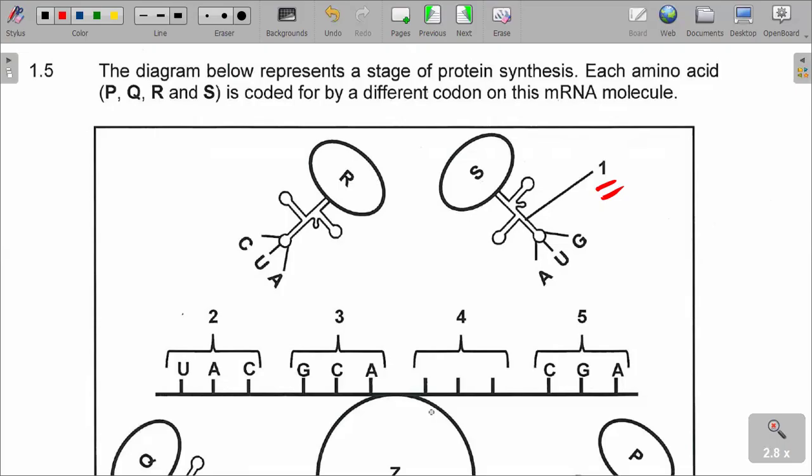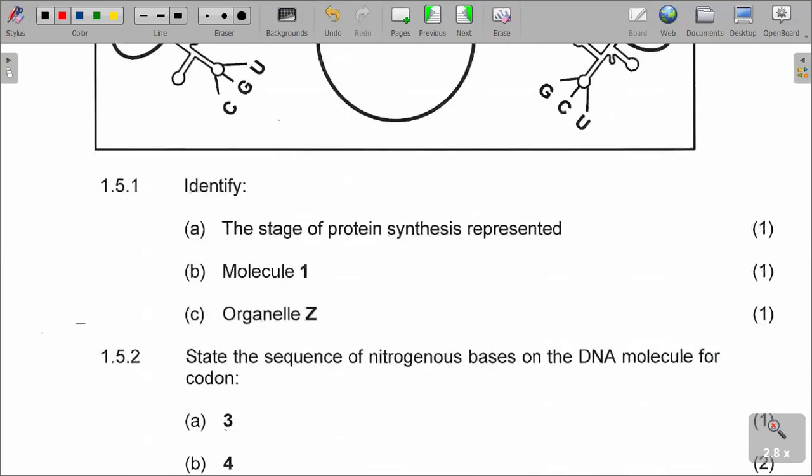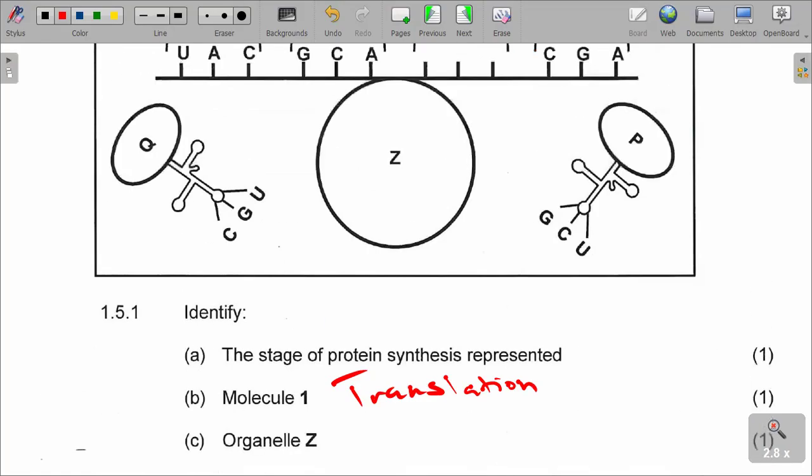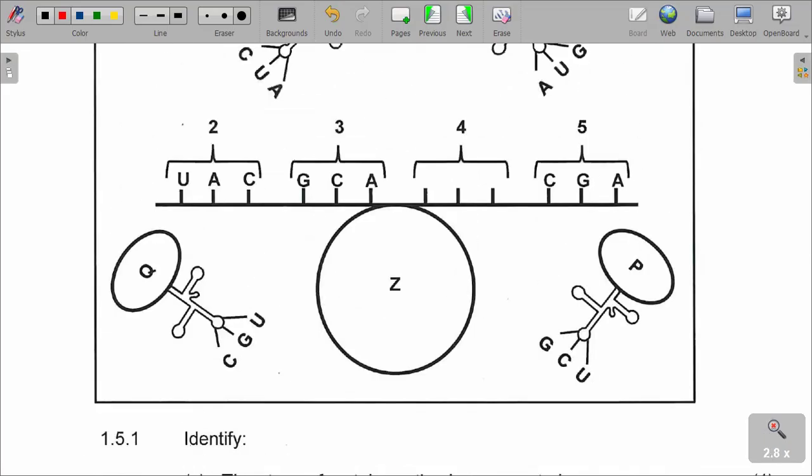So the stage of protein synthesis represented by molecule 1 is translation. We are given the tRNA there, and organelle Z is the ribosome.